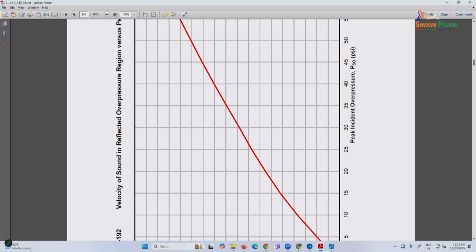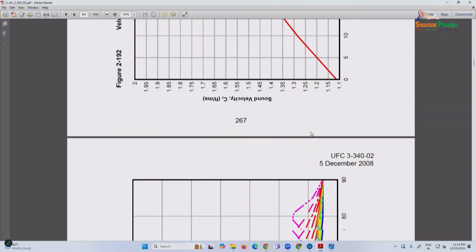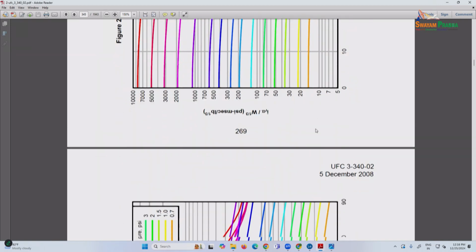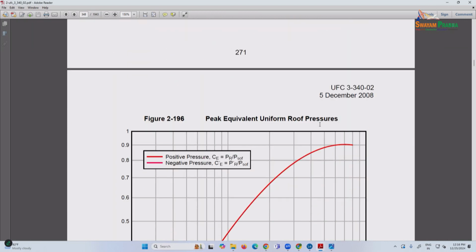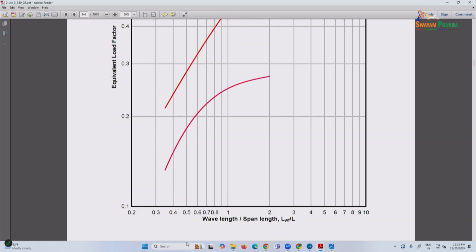So this is a velocity sound, 2192, then 3, 4, 5, there's still 4, 5, and 6. So here you have, if you see, positive CE and negative CE for a given value of LWF by L. Okay.